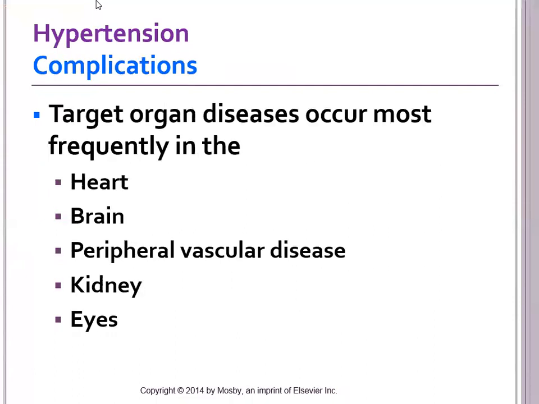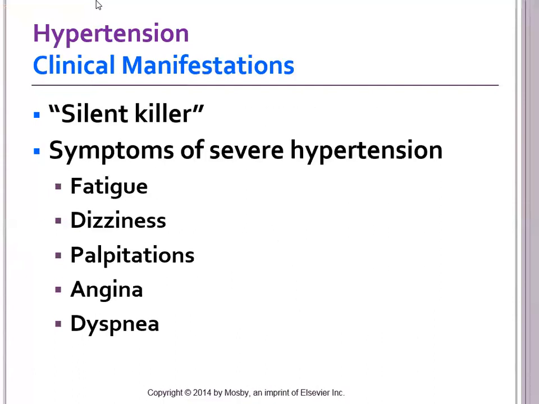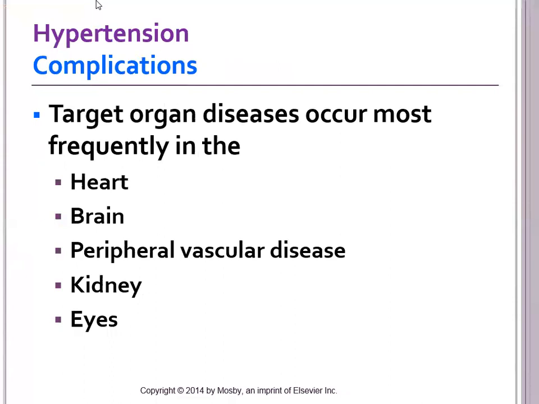So the problem with hypertension, let's do this slide. I promise we'll be done after this slide. The problem with hypertension being a silent killer is that patients don't know they have it. They feel fine, like you guys said, until they start having problems here.